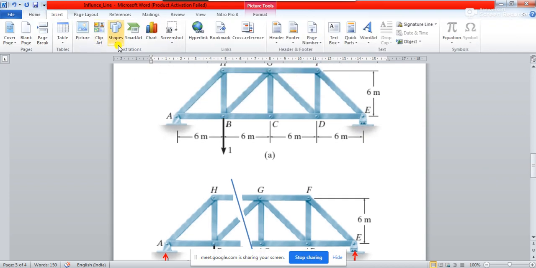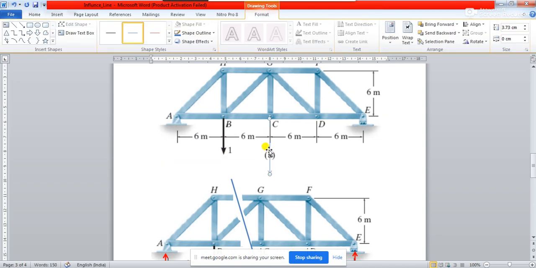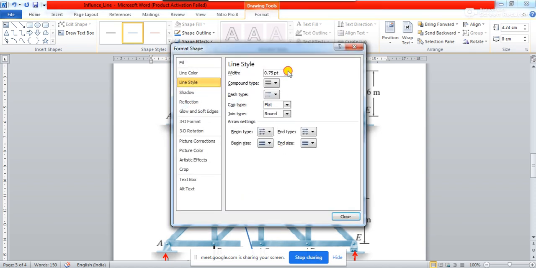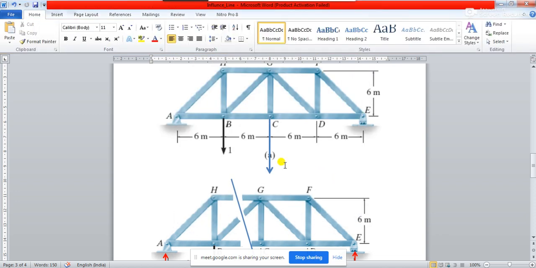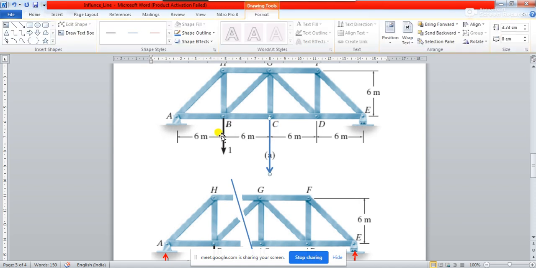Let's say the load is now located here. The load has come to this position.